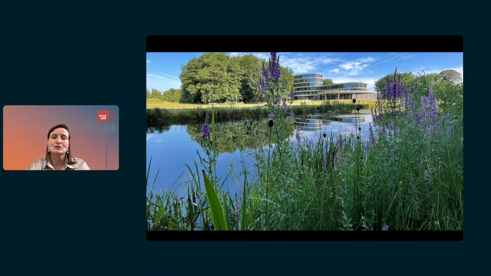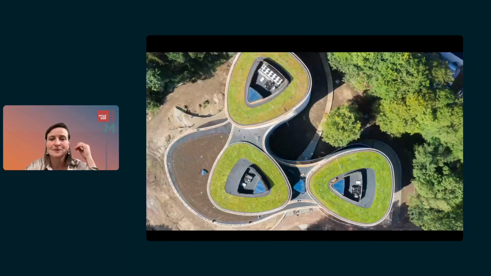The building came together with a whole plan for how to revive the area around it, and the fact that the building came there freed up funds to really enhance the biodiversity on the plot. So what you see here is the structure, respectful of the flight of the bats, and you see the green roofs here.